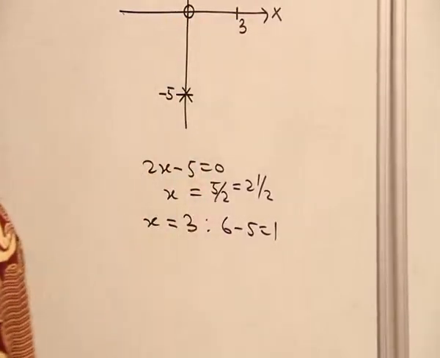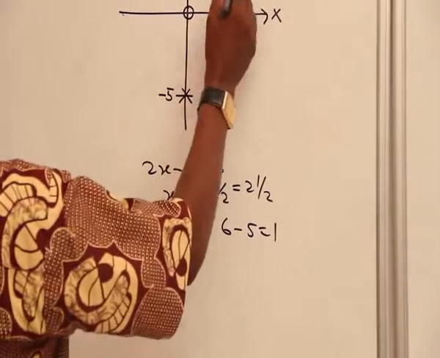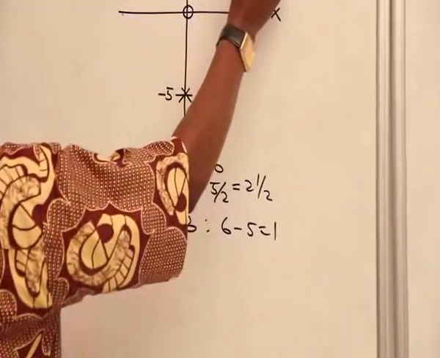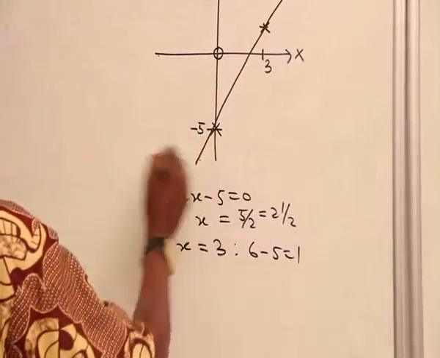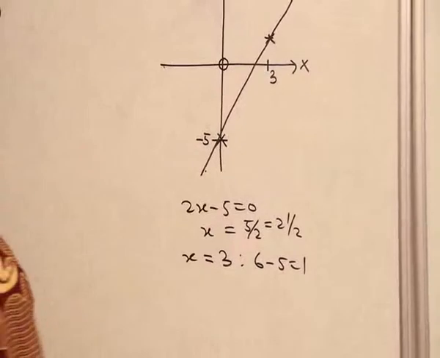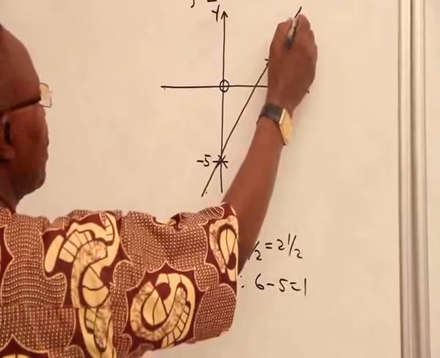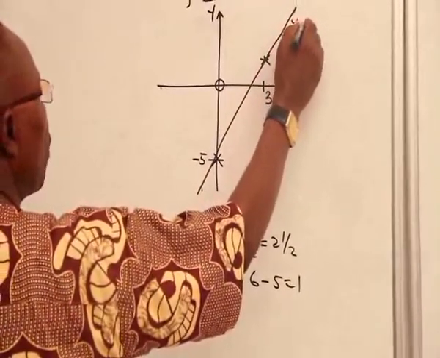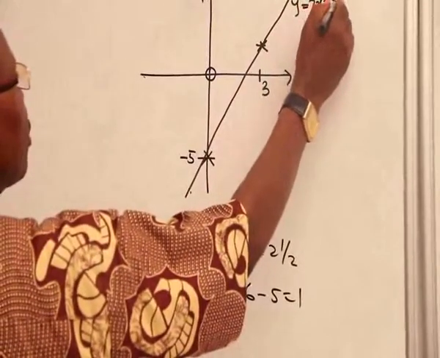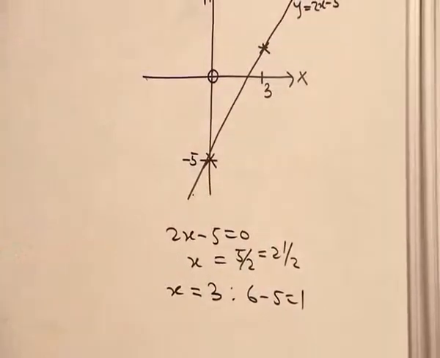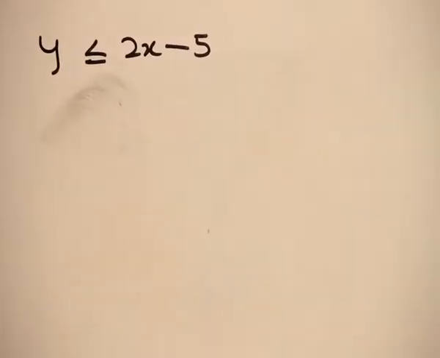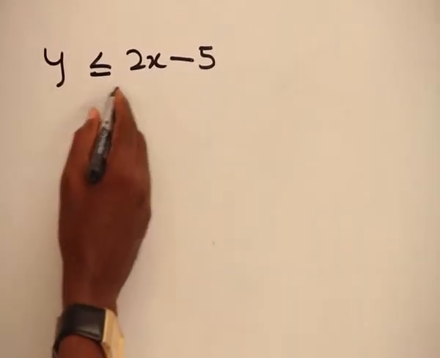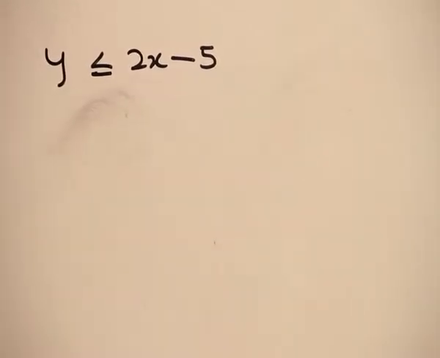After doing that, you can now draw a straight line through these points. As soon as you have that, you can write your equation here. This is y equal to 2x minus 5, not less than or equal to. It is the line that you are writing the equation to represent. Thereafter, y is less than or equal to 2x minus 5.